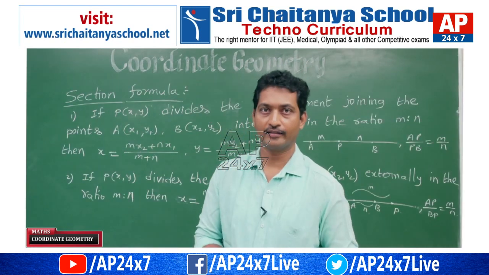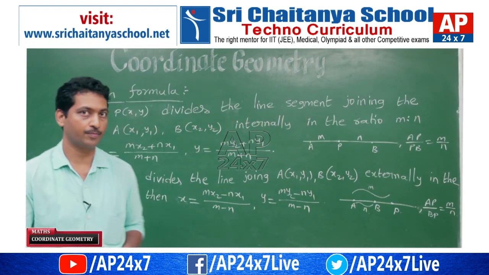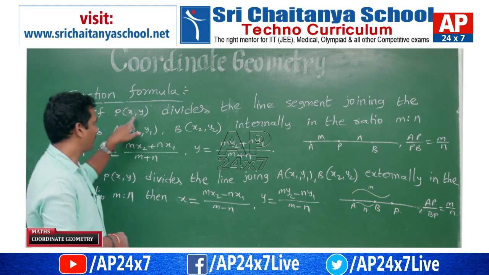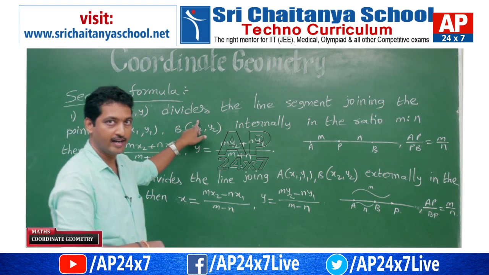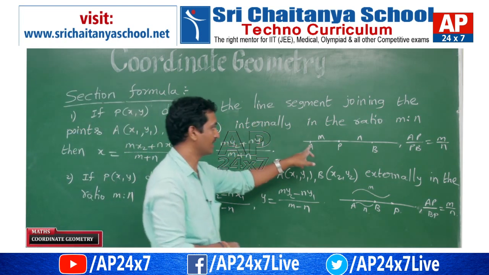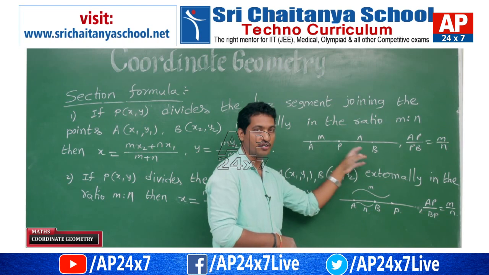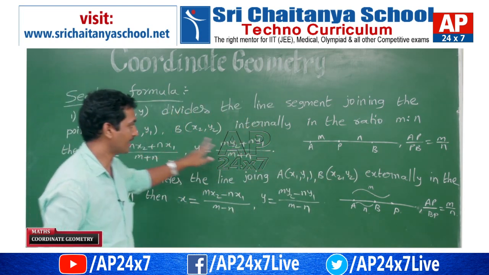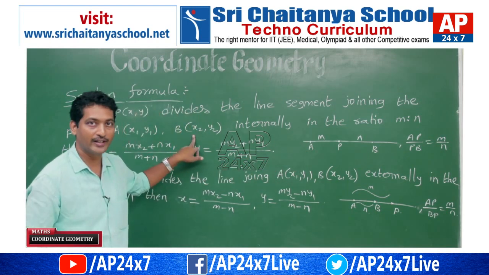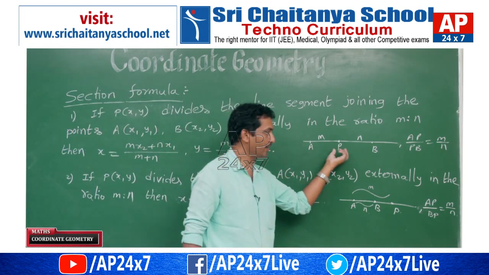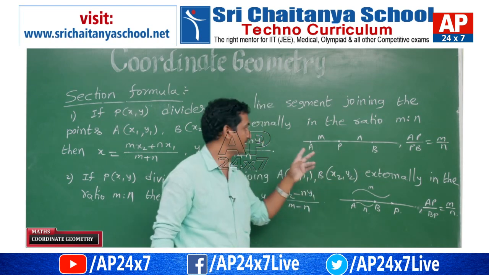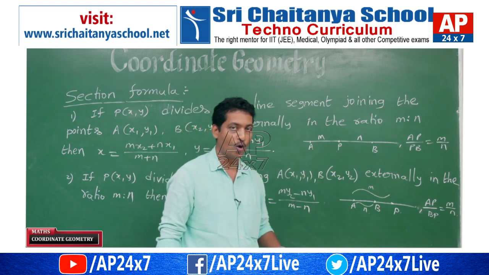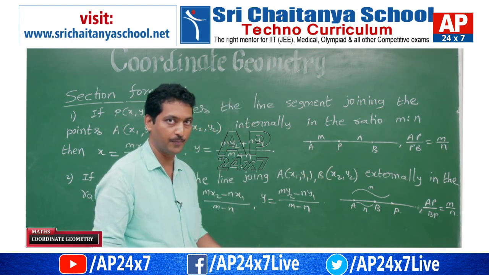Okay children? Next important concept of coordinate geometry is the section formula. If P(x, y) divides the line segment joining the points A(x1, y1) and B(x2, y2) internally, that means P lies in between A and B, in the ratio m:n, then what are the coordinates of P?